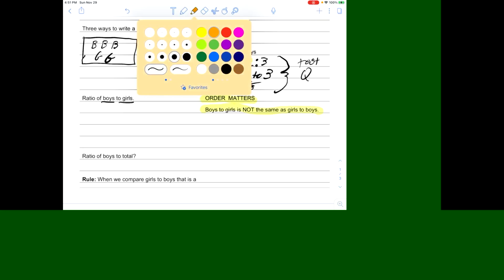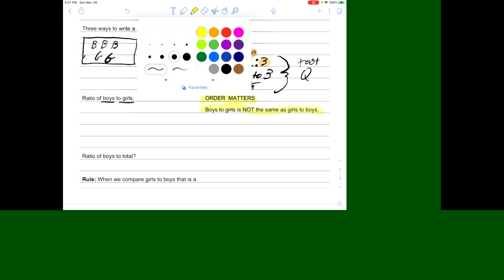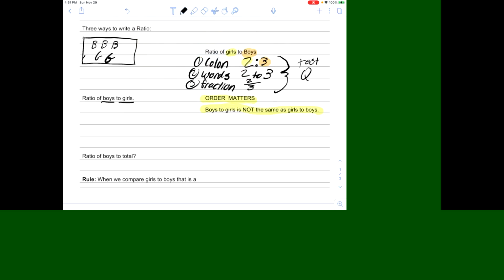Then the word boys comes second, so the number for boys came second. Now, if we switch to do boys to girls, we have to put the number of boys first. So with a colon, we would have 3 colon 2 because there's 3 boys and 2 girls. In words, it would be 3 to 2. And as a fraction, it would be 3 over 2.